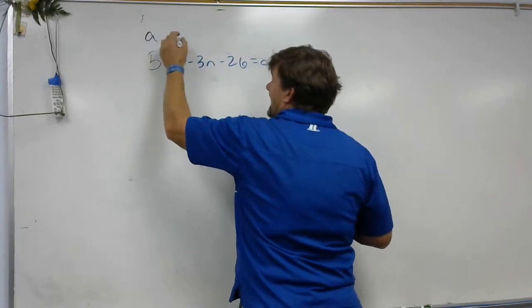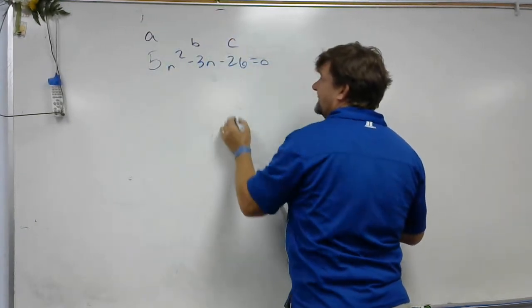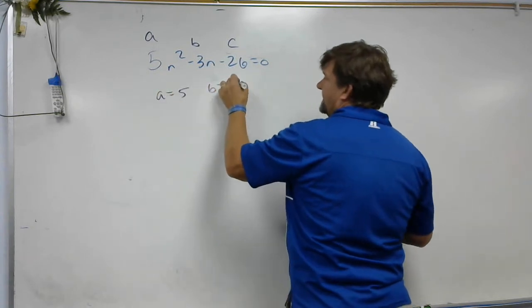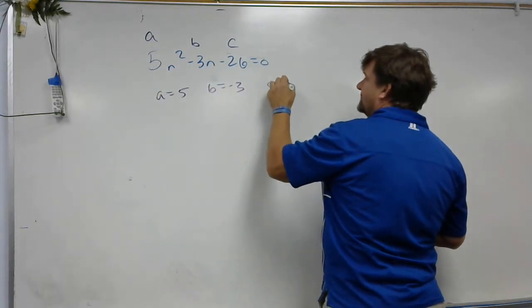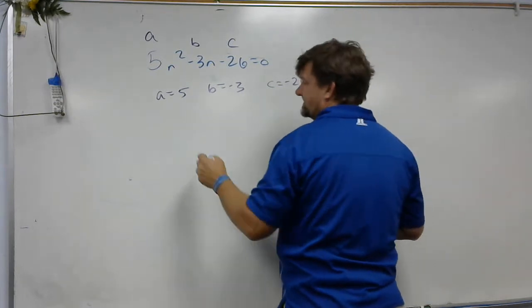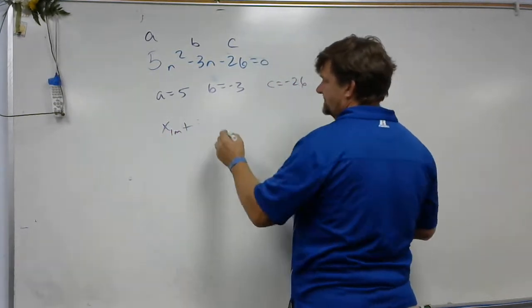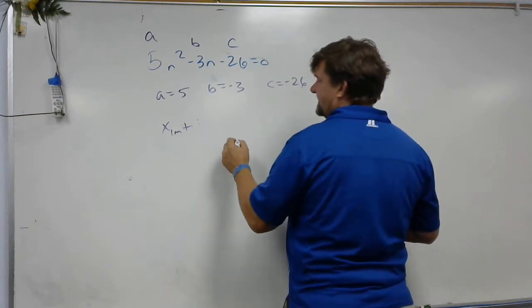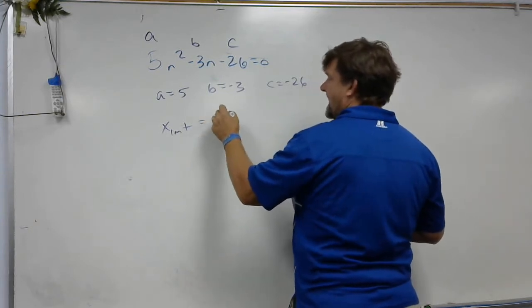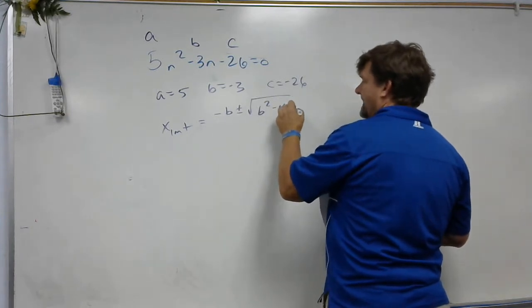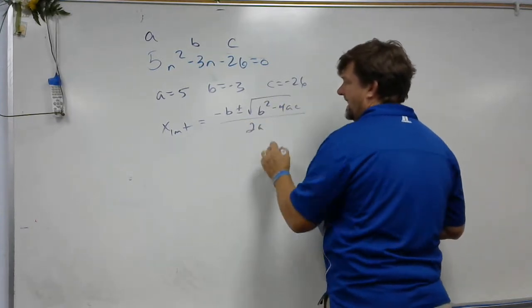So remember, this is A, this is B, and this is C. So we know that A is equal to 5, B is equal to negative 3, and C is equal to negative 26. This is what you want to write on your note card next week. X-intercept is equal to negative B plus or minus the square root of B squared minus 4AC all over 2A.